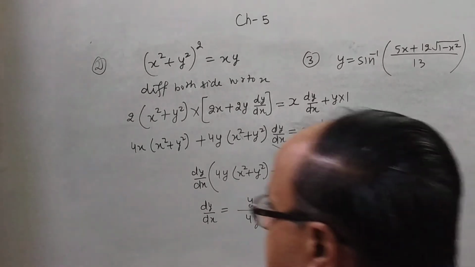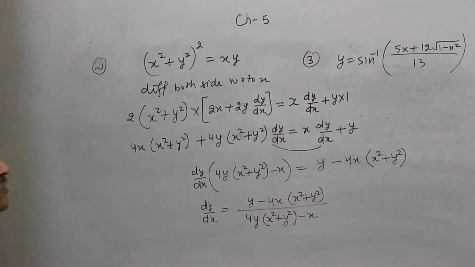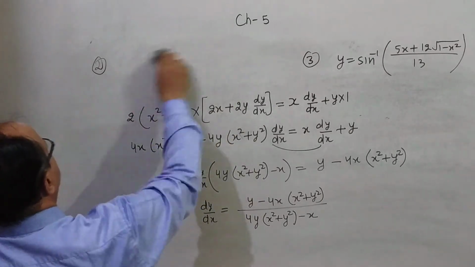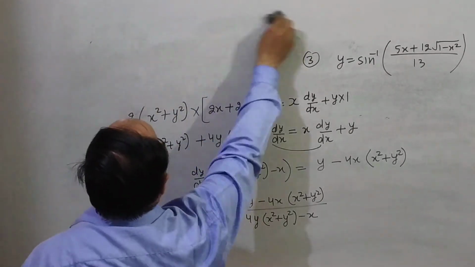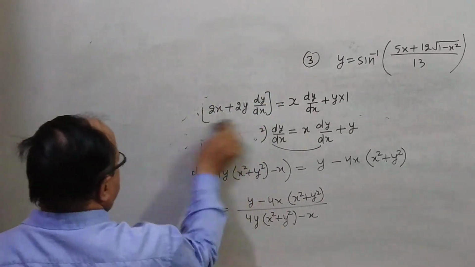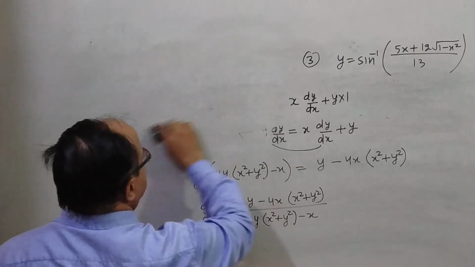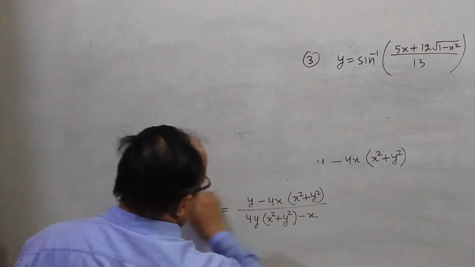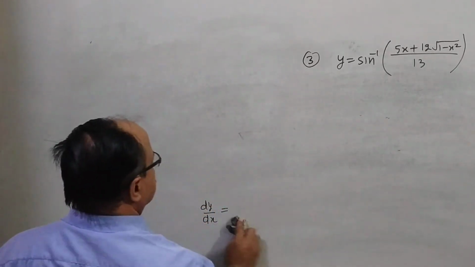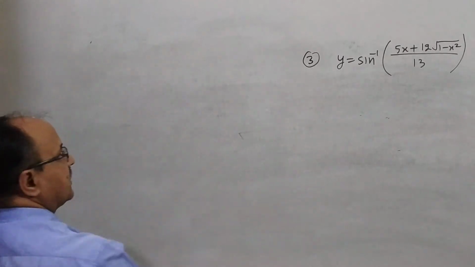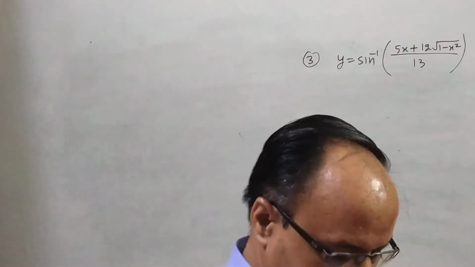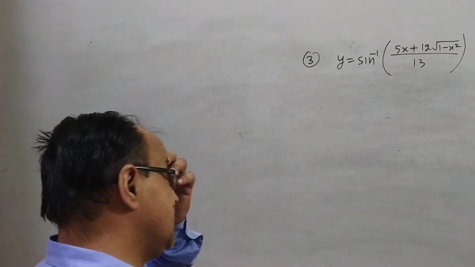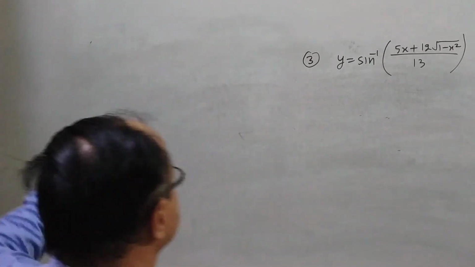Clear? This is the solution of question number 2. Now we start question number 3. Find the derivative of sine inverse of (5x plus 12 root 1 minus x square) upon 13.